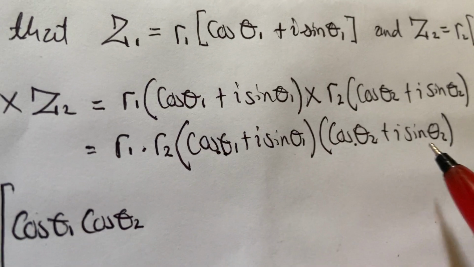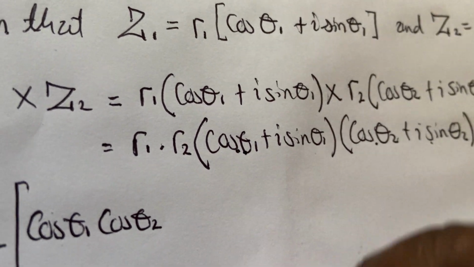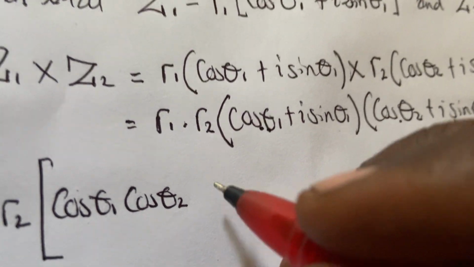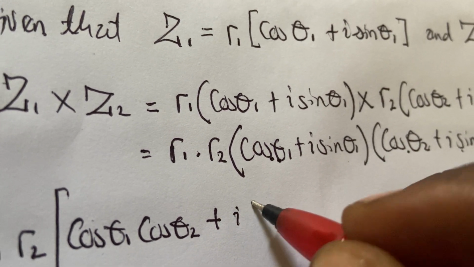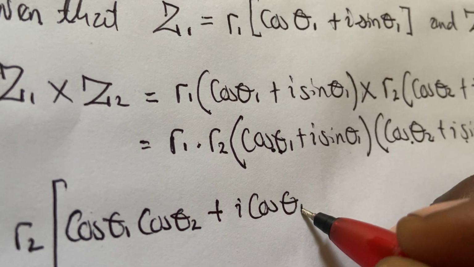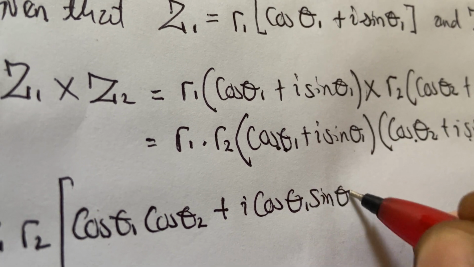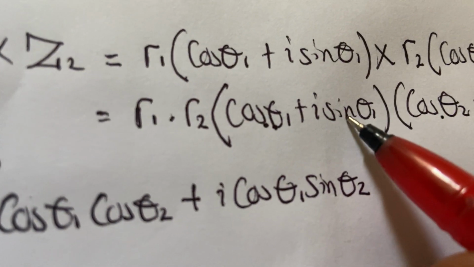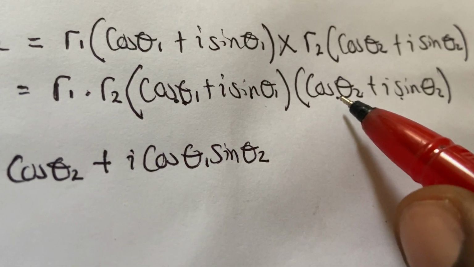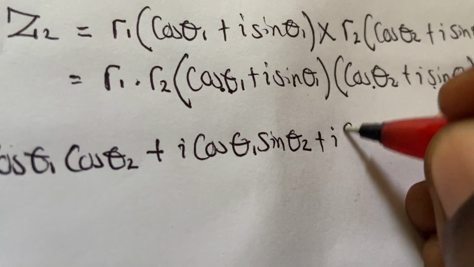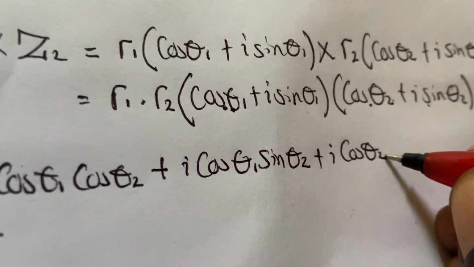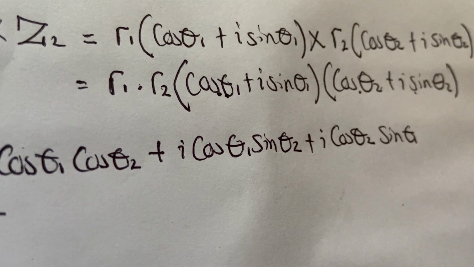Cos theta 1 times I sin theta 2 will be plus I cos theta 1 sin theta 2. I sin theta 1 times cos theta 2 will be plus I cos theta 2 sin theta 1.